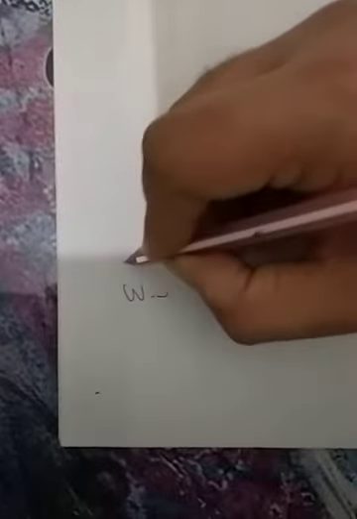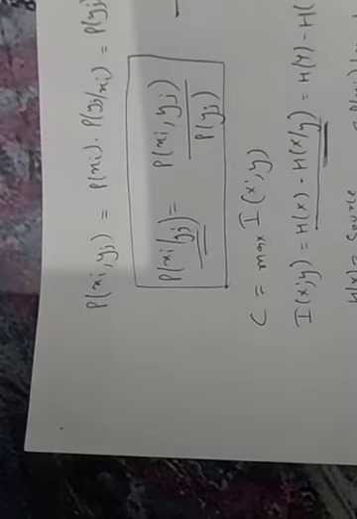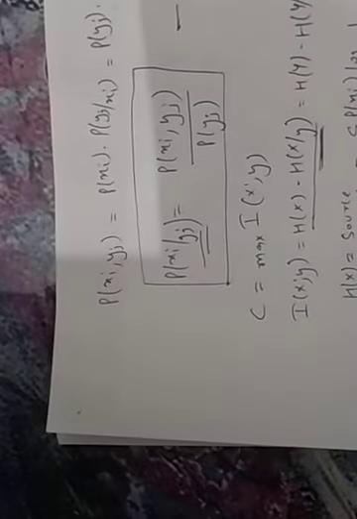till now we have reached this point. I will write down the last step again, that is summation over i, summation over j of p(xi, yj) log base 2 p(yj/xi) upon p(yj).